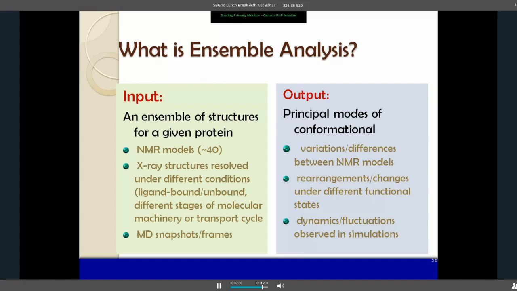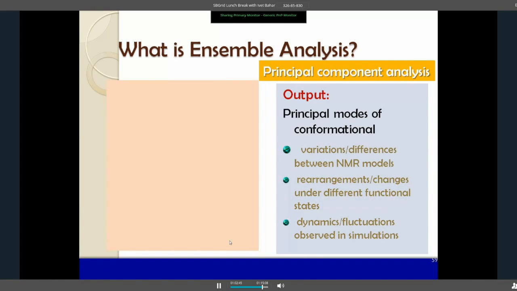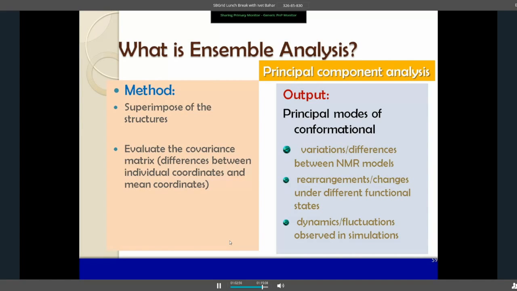Now, this part we call the data extracted from known structures, or in this case, even from MD simulations. Then, to do the principal component analysis, we superimpose the structures, evaluate the covariance matrix, how the individual molecules deviate from the average, and then decompose the covariance into empirical modes.